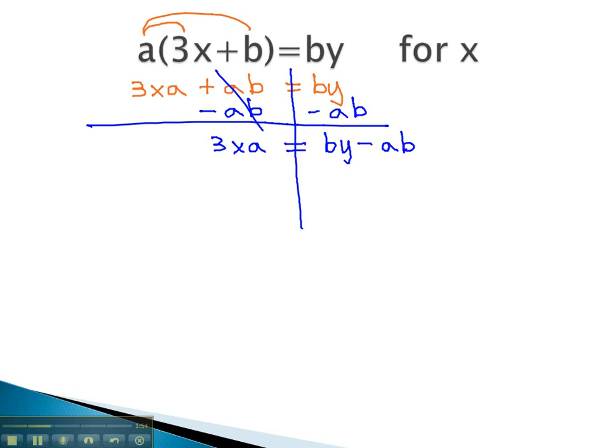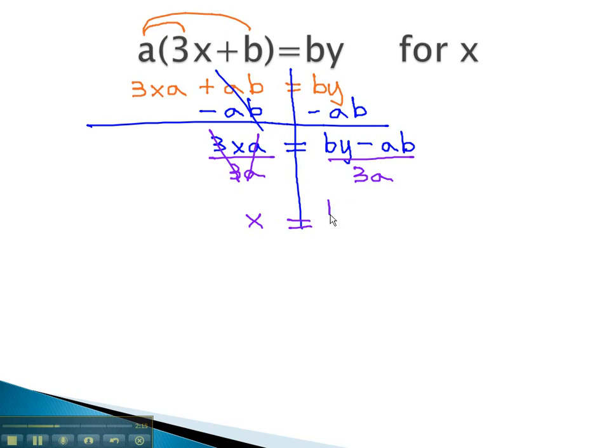Now, we are ready to get our variable alone. Remember, we're solving for x, so we need to divide out the other factors. Divide out a 3 and divide out an a. Doing the same thing to both sides, and the 3's and a's divide out, leaving just the x behind.